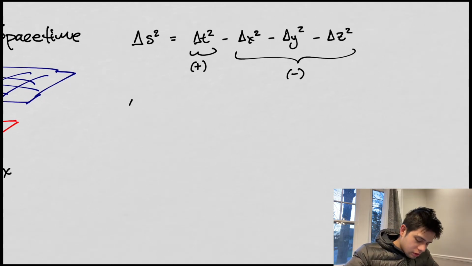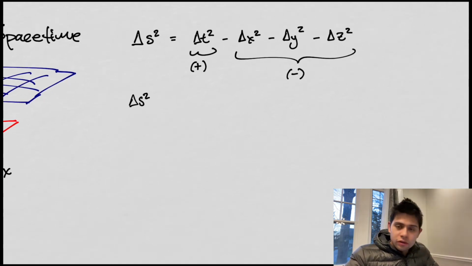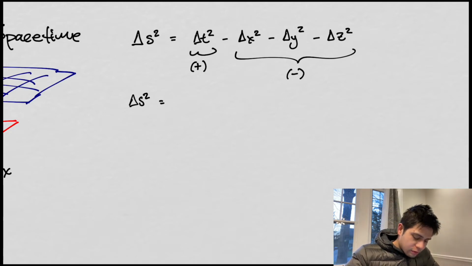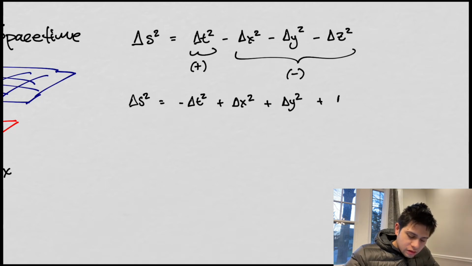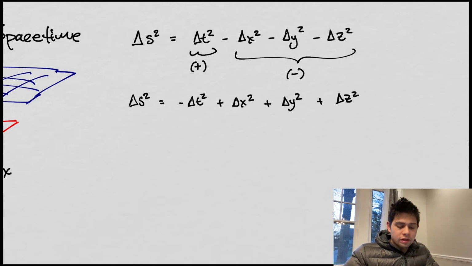So this is just convention. You'll see this written in different ways. This can also be dt squared plus dx squared plus dy squared plus dz squared like that. This is also okay.